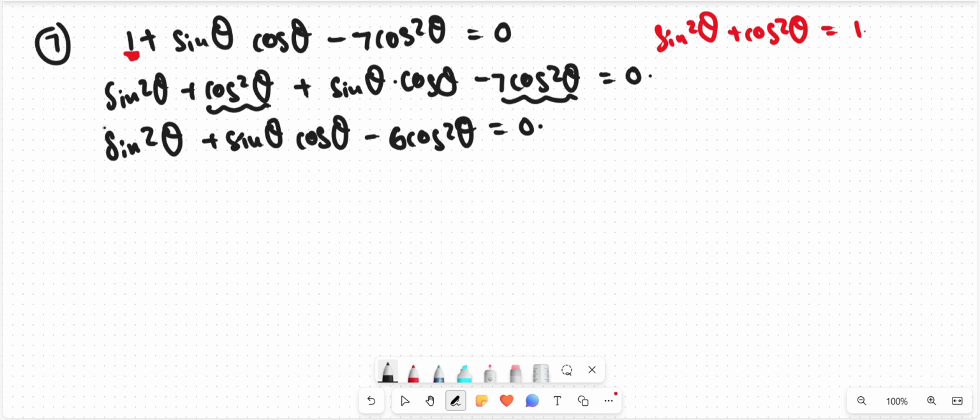Then at this point, again, I should notice that that is a trinomial. If you don't, take sine as x and cos as y.